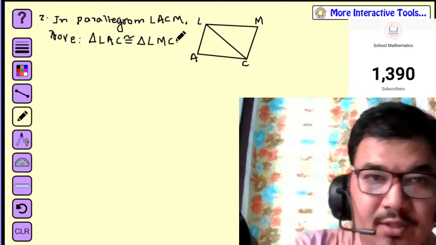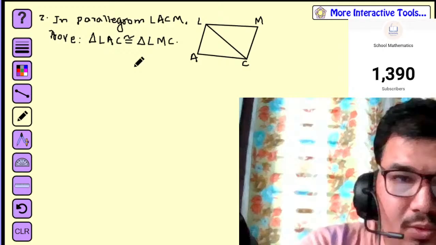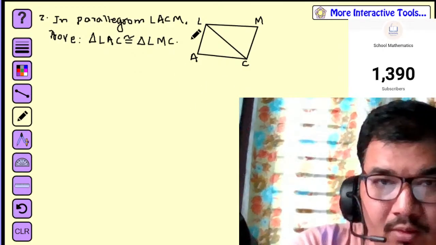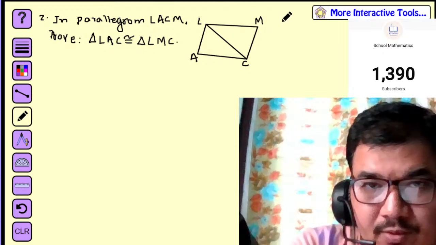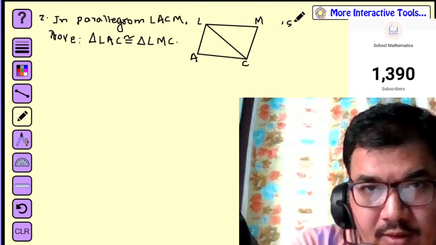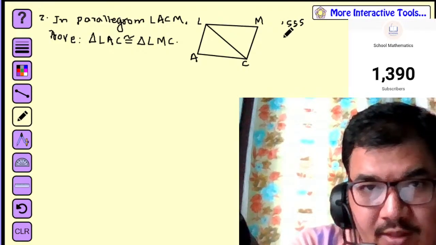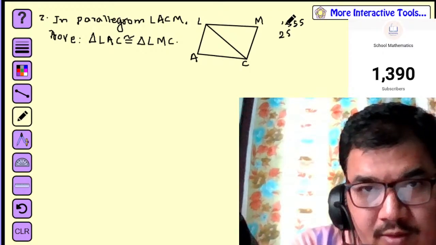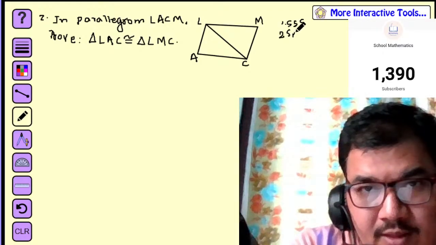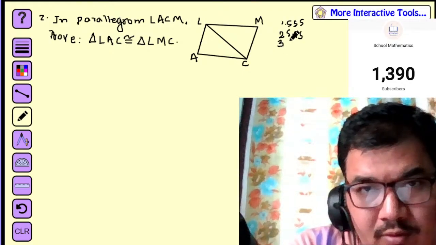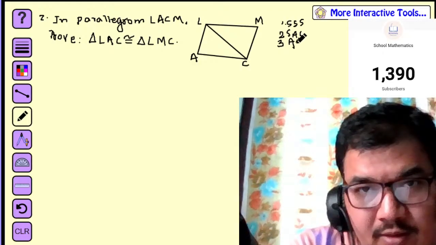Okay. I have shared with you in previous videos how to show triangles congruent. There are altogether 5 exams, okay. We have to use these. The first one is the SSS exam, and the second one is the SAS exam. The third one is the ASA exam.